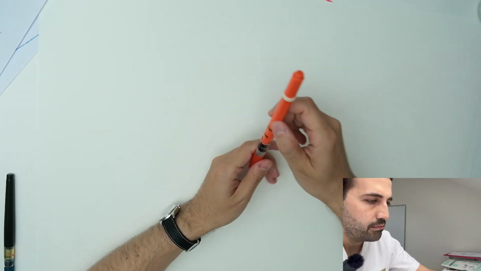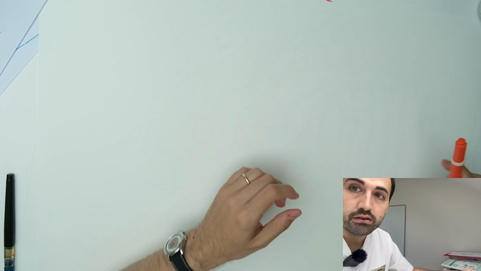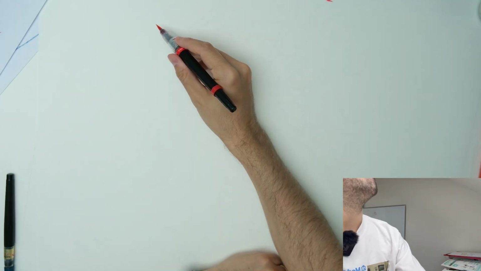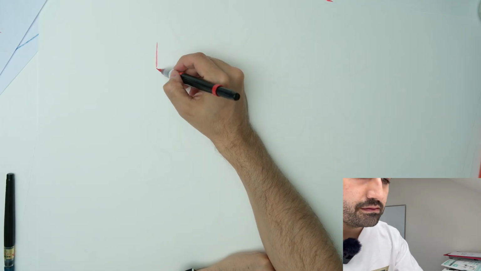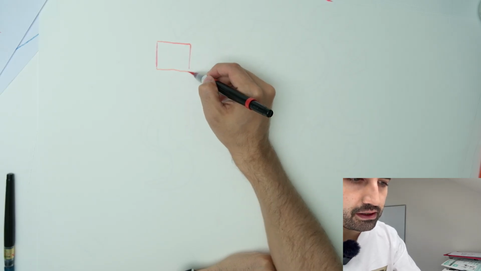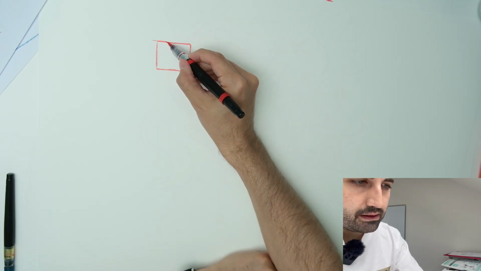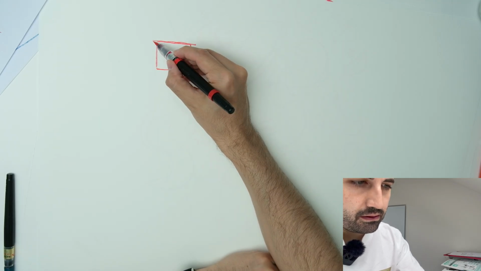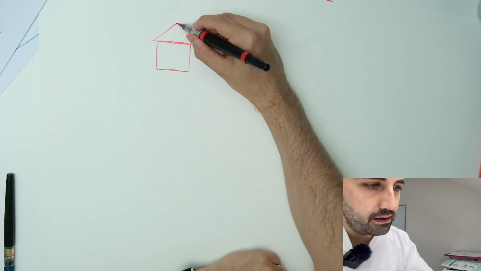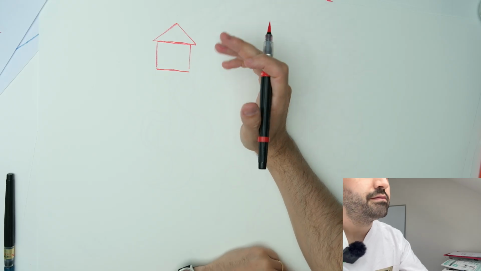So the simplest example that I can give you of combining 3D shapes is something that you probably already did before, which is drawing a house. Right, you probably already did this, where you combine a square with a triangle.